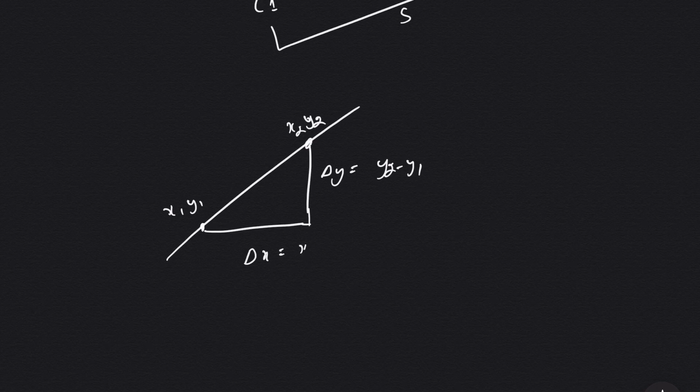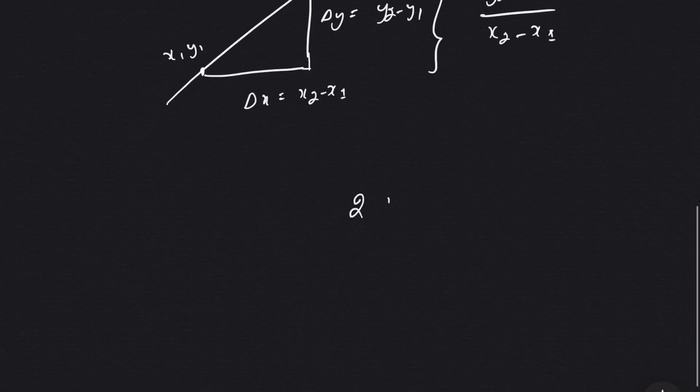If we are given a line and we have 2 points, x1, y1 and x2, y2, then our slope is going to be equal to y2 minus y1 over x2 minus x1. If you are given 2 coordinates, then they will form a straight line. In that case, the answer is true.